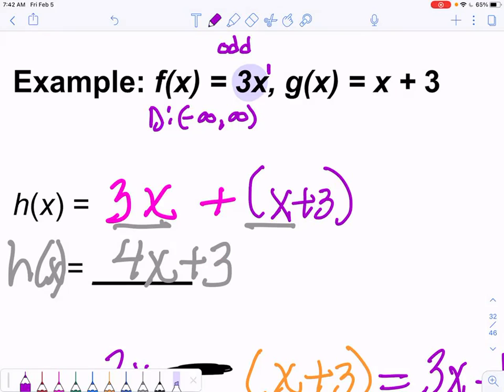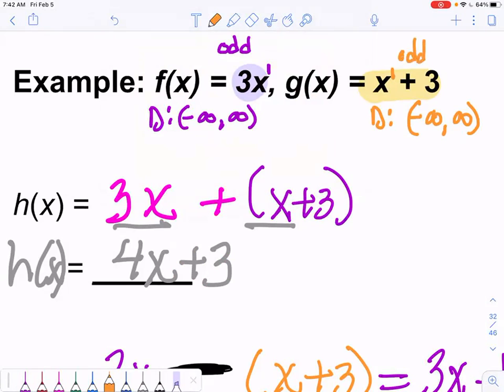So Jaden, looking at g of x, it says x plus 3. Its exponent is still a 1. So that domain is also, yeah, the plus 3 has no effect on the domain. It doesn't change it. It's the exponent of the x that's making it an odd function.